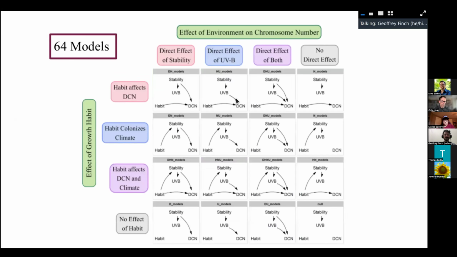The idea is that if you toggle on and off each of those relationships and test the fit of all of the possible models, this results in 64 models, and the output is essentially a ranking of the best fitting models. The models vary depending on whether there are direct effects of stability, UVB, and growth habit, or not, right?